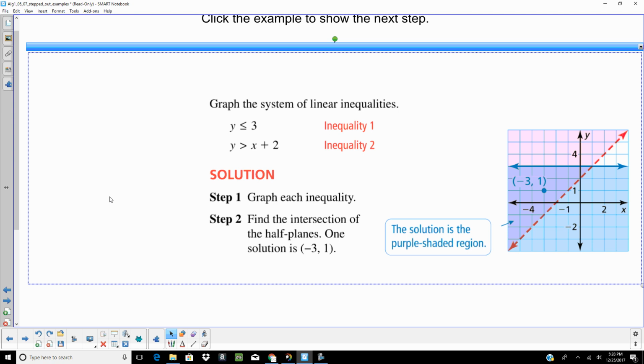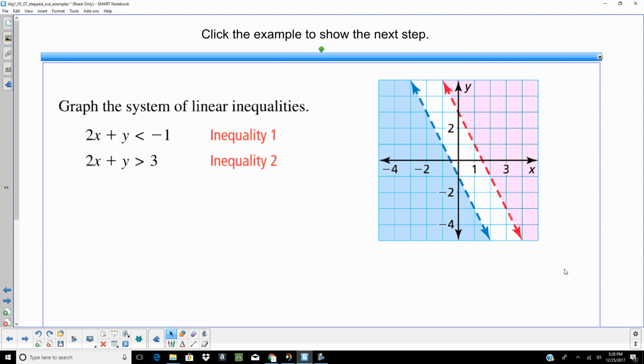The solution is the purple shaded region. So graph each of them independently, and where the shading overlaps is your solution. I would suggest you do your first shading really light in pencil, and your second shading really light as well, and then you shade really dark where the two overlap.